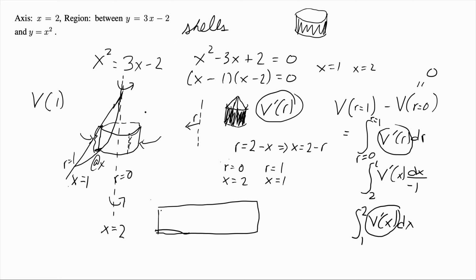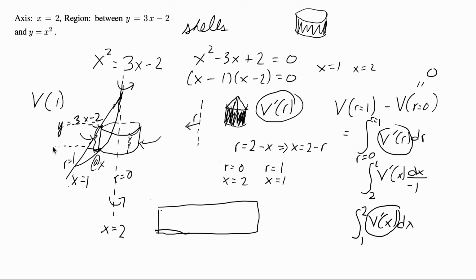So in order to get that height, to get this y value right here, we're going to do it all in terms of x. So this y value at x is going to be 3x minus 2. So this point right here is y equals 3x minus 2.